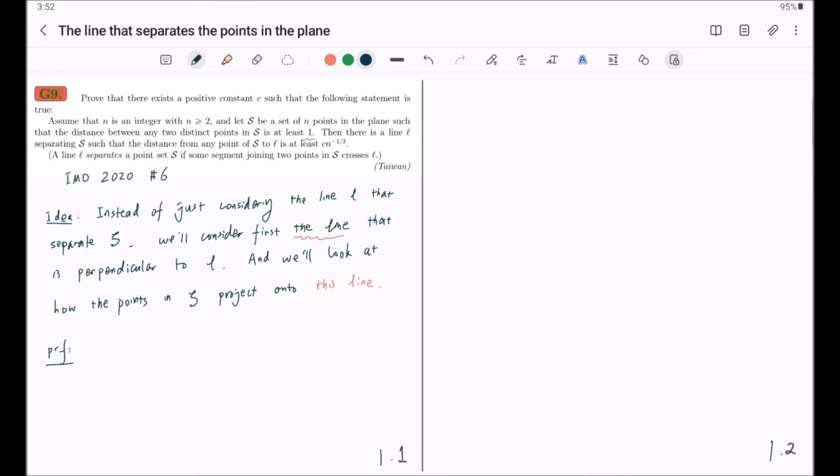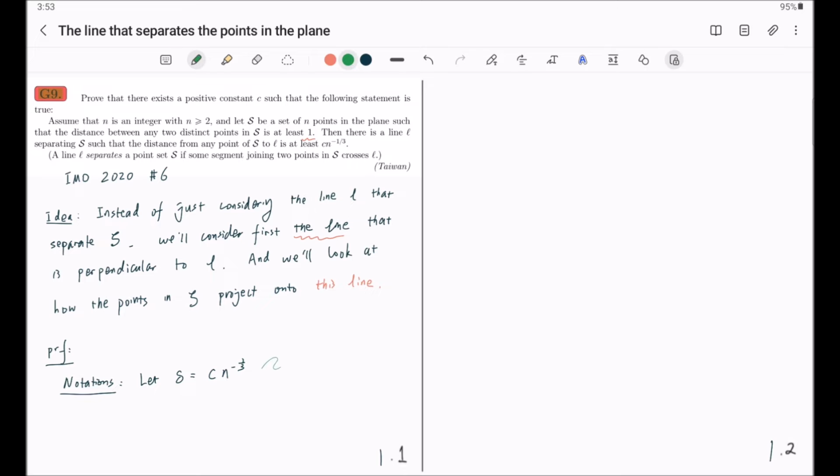Okay, to begin with, let us fix some notations. We'll let delta be this quantity, this constant C times n raised to power negative 1/3, for simplicity.